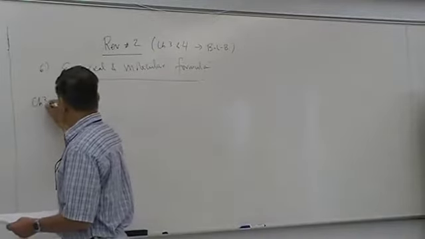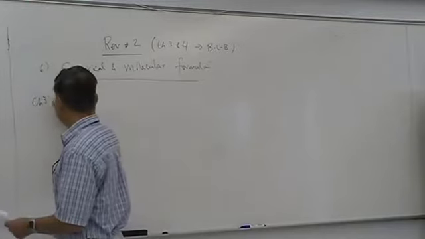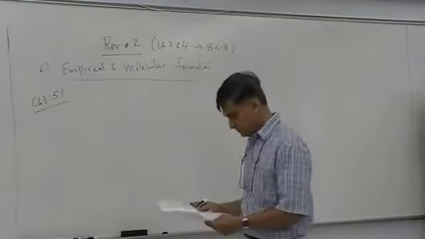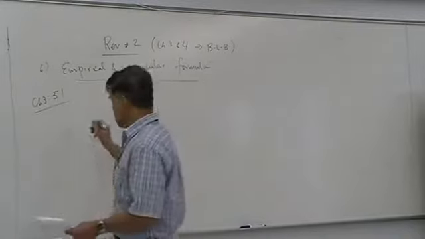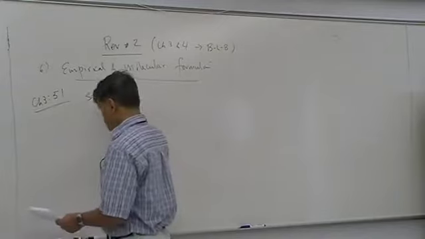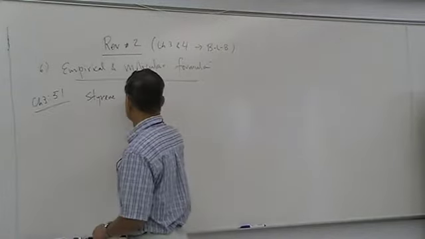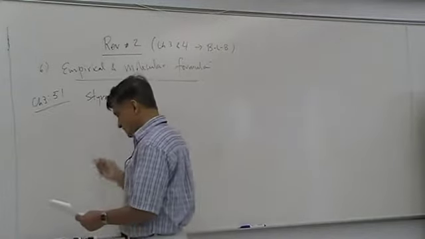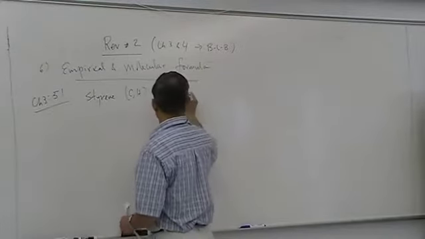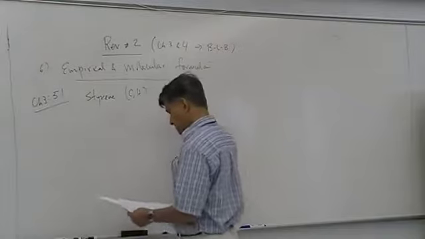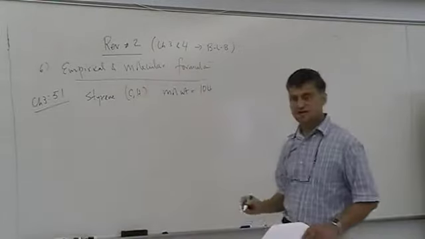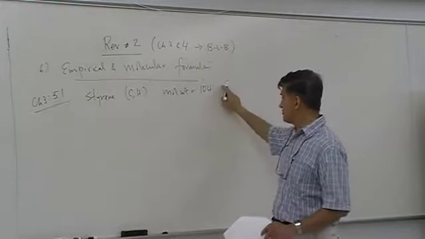It's from chapter 3, number 51, Brown and LeMay, 12th edition book. The compound is styrene. It's an organic compound, and that has carbon and hydrogen in its composition. Its molecular weight is given, which is 104 gram per mole.